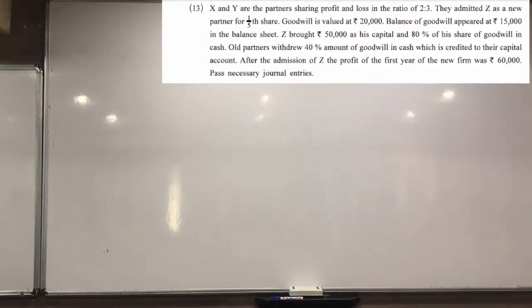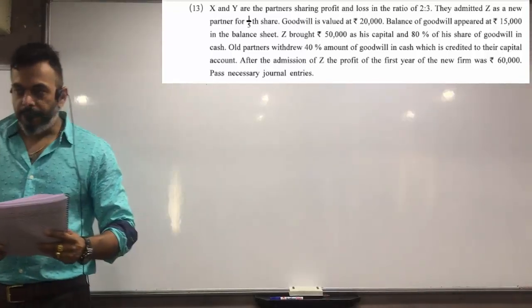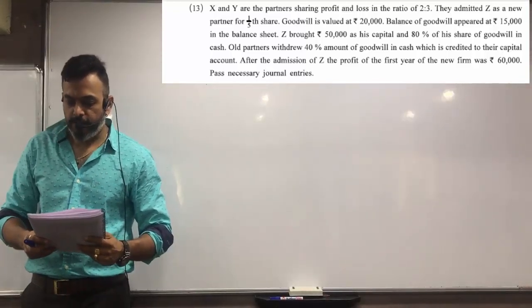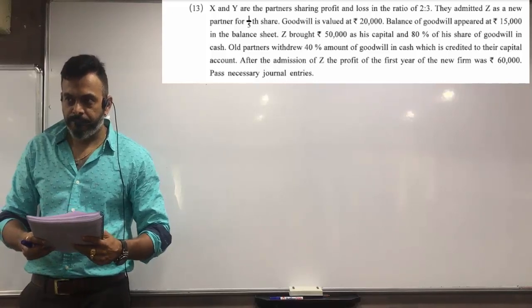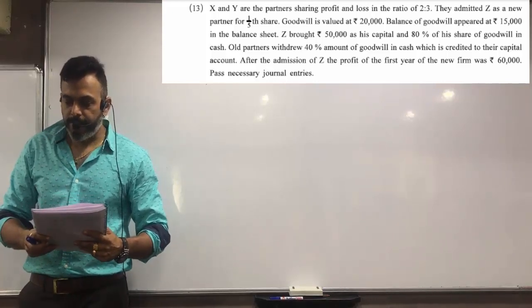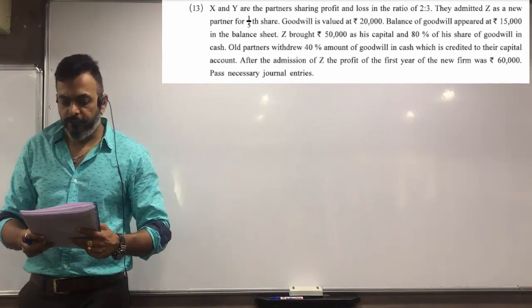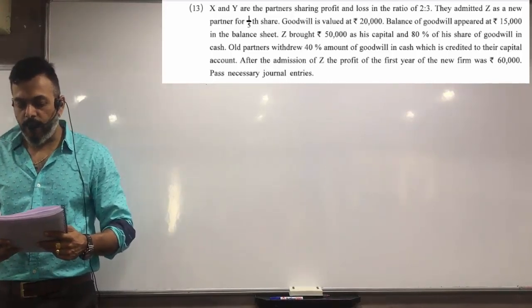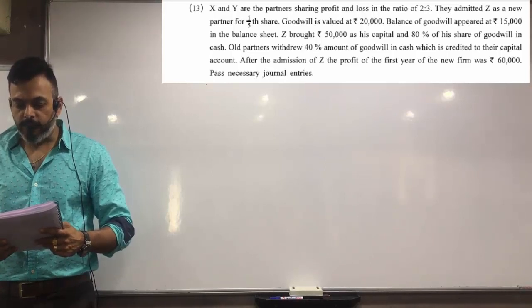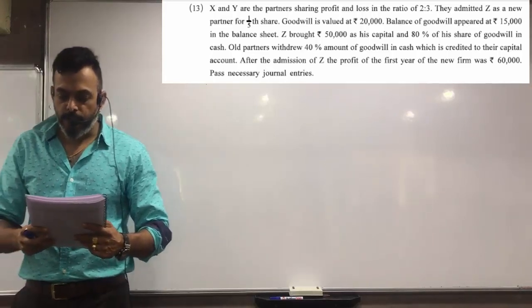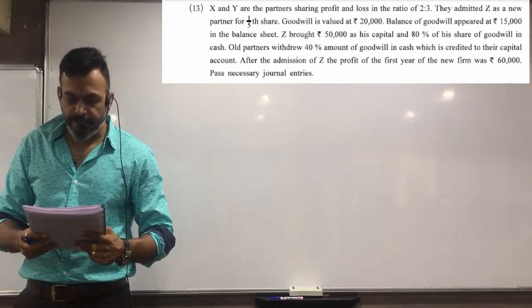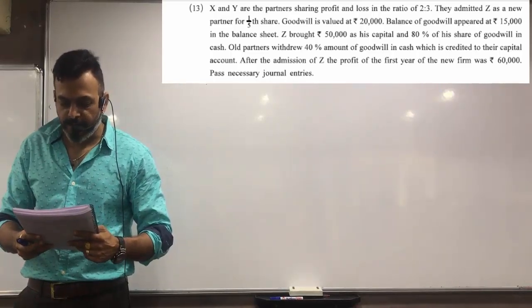Question number 30. X and Y are partners sharing profit and loss in the ratio of 2:3. They admitted Z as a new partner for 1/5 share. Goodwill is valued at 20,000. Balance of goodwill appeared at 15,000 in the balance sheet.